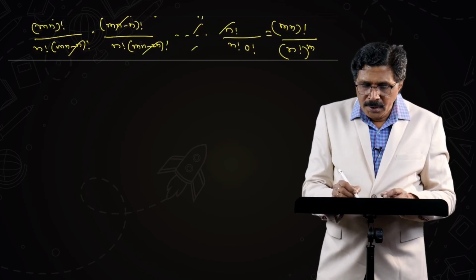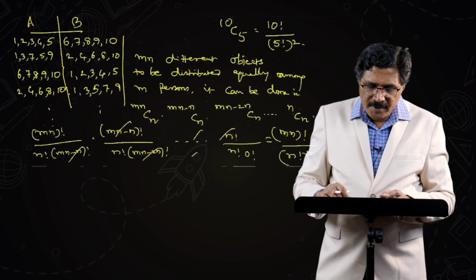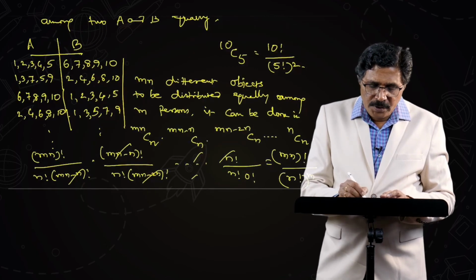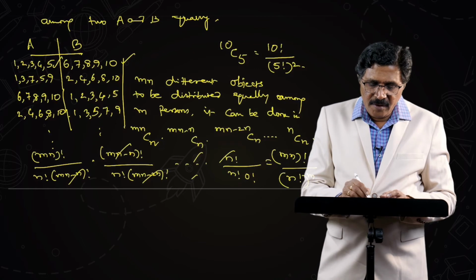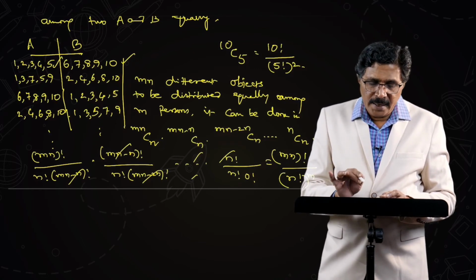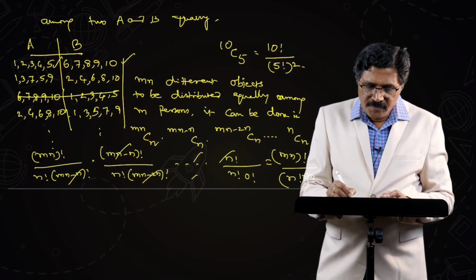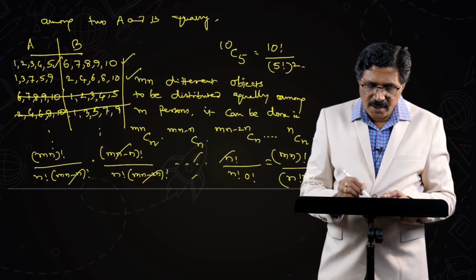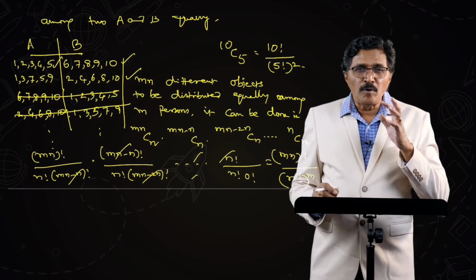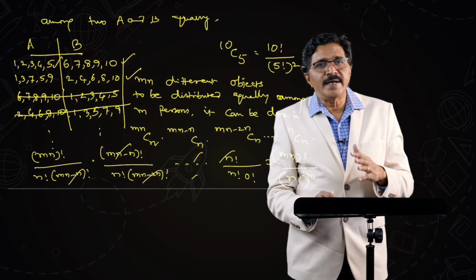So in the earlier example, if 1, 2, 3, 4, 5 is taken and 6, 7, 8, 9, 10 is taken, and instead of A and B as persons they are identical boxes, then the interchanged case is not required. So 2 factorial th of the cases are getting reduced.